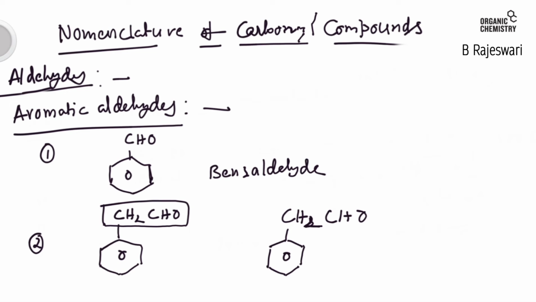Therefore, what is the name of this compound? Phenyl acetaldehyde. So in aromatic aldehydes, the CHO group may be directly attached to the aromatic ring, or it may be present in the side chain.